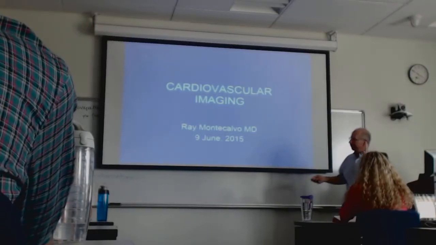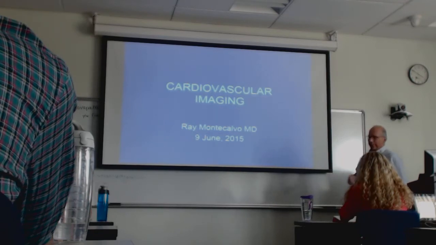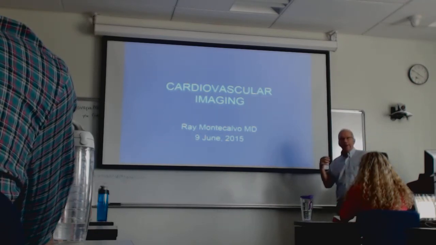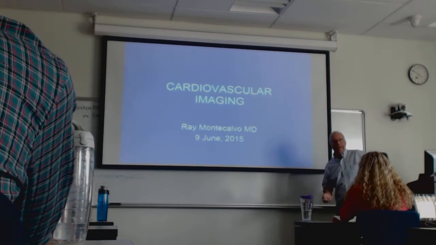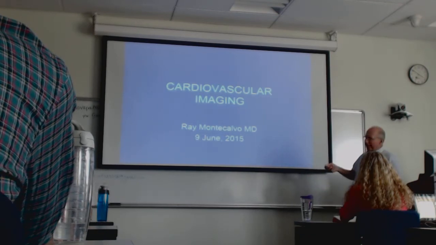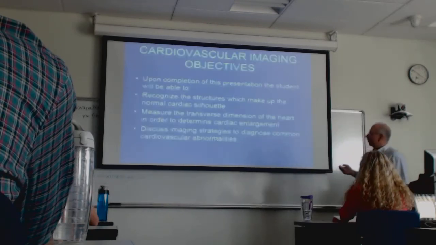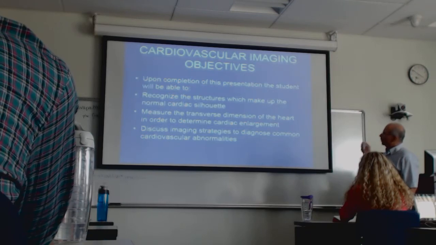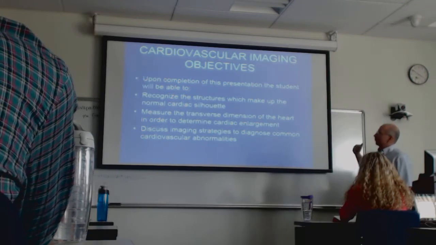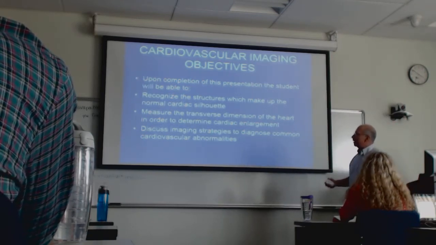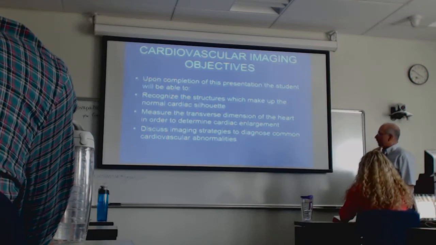So let's talk about cardiovascular imaging. We're going to talk about the heart and the major blood vessels, and we're going to get out of radiography a little bit. We'll look at a couple of other imaging modalities used to evaluate the cardiovascular system. As we've already talked about, I want you to be able to recognize the structures that make up the normal cardiac silhouette.